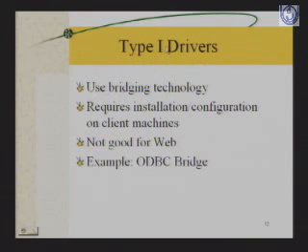Type 1 driver is basically used as a bridge driver, and it uses bridging technology. That means if some driver is already existing, you can create a DSN as we created in our previous lecture, and that particular DSN you can use for connecting to the database.